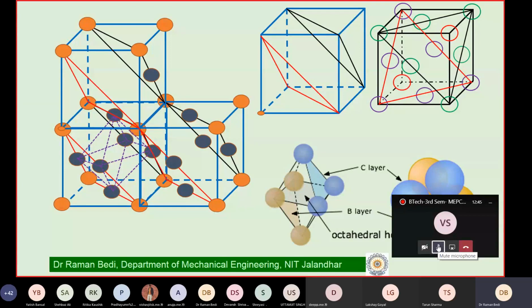I will take the example of steel, which happens to be an alloy of iron and carbon. Steel is of importance to us because in the case of steel, carbon atoms are occupying the interstitial voids. Steel is also of interest to me because iron has an allotropic form.